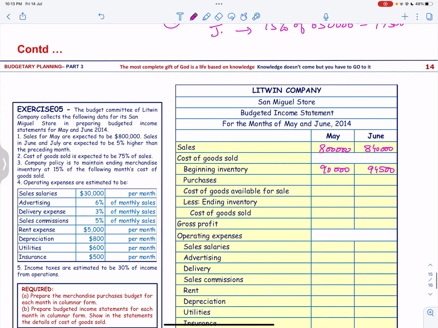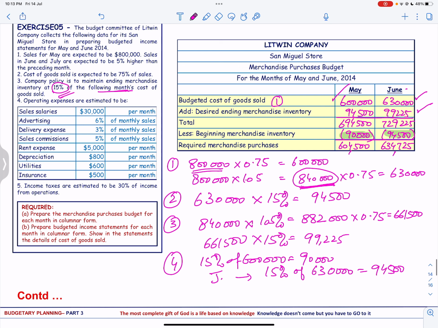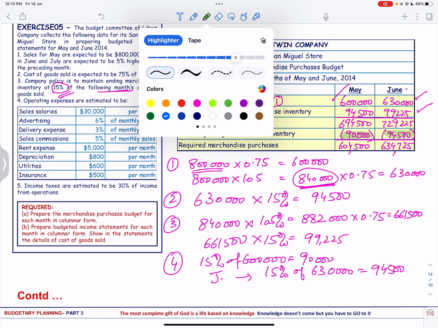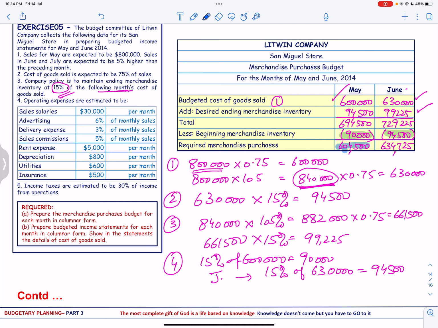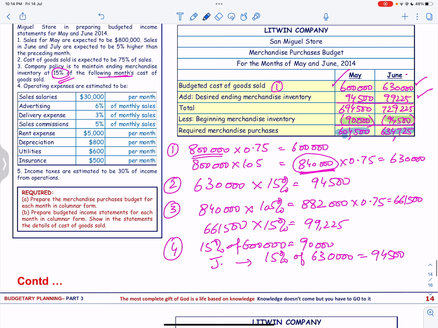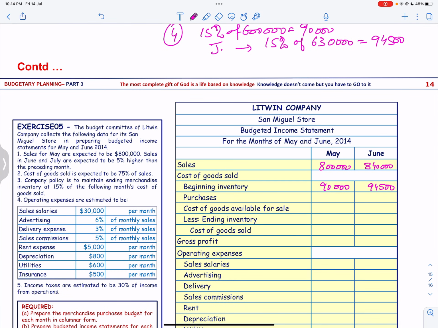Then we have the purchases, 604,500 and 634,725. That gives us the cost of goods available for sale.